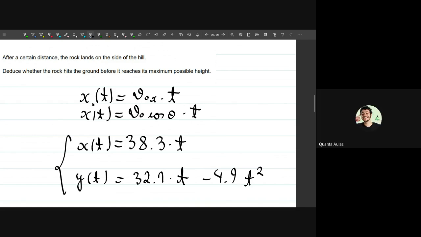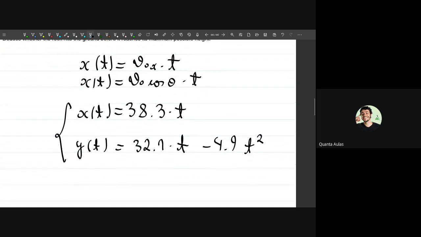Okay. So our hill has a slope of 20 degrees.